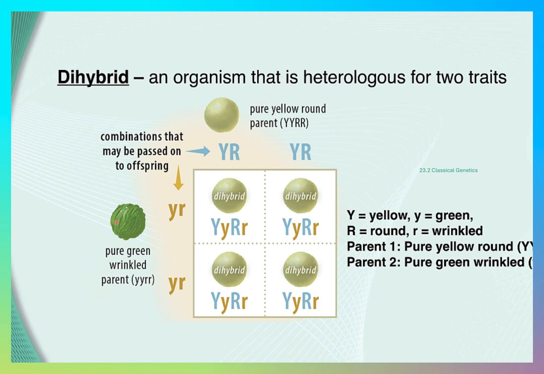But all the offspring, despite being dihybrids, will look like the pure yellow round parent, even though they have the genes of the other parent embedded in their DNA. So the first generation is 100% dihybrid yellow and round.